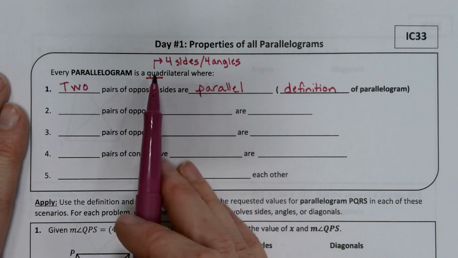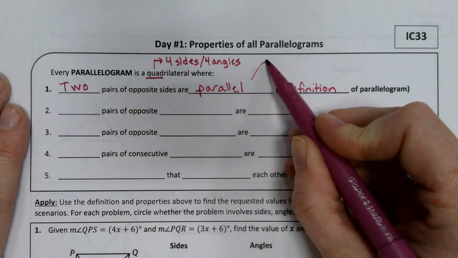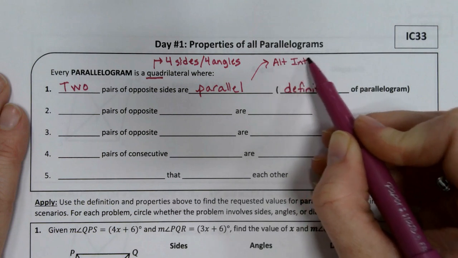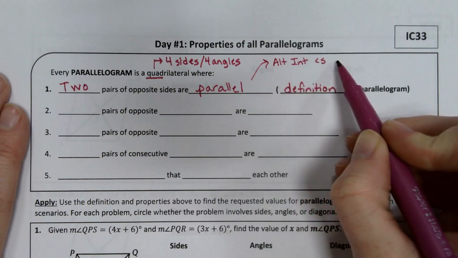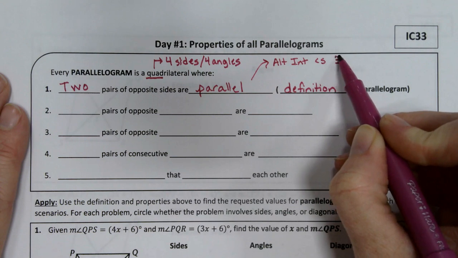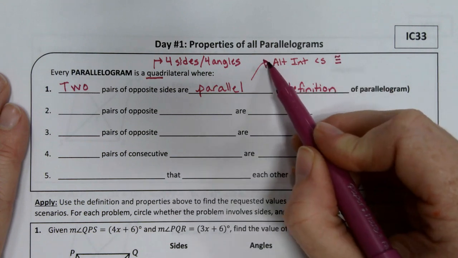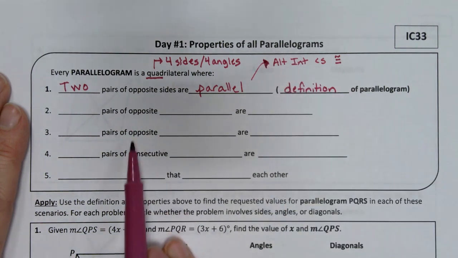Now, because we're dealing with a quadrilateral, a 4-sided shape, we won't have opportunities to see alternate exterior or corresponding angles, but we will absolutely have opportunities to see alternate interior angles. So I'm just going to write in a little reminder that alternate interior angles are congruent when we have parallel lines, and we'll also see consecutive interior angles, but those are going to be taken care of down here in some of these other properties that we list. Okay?